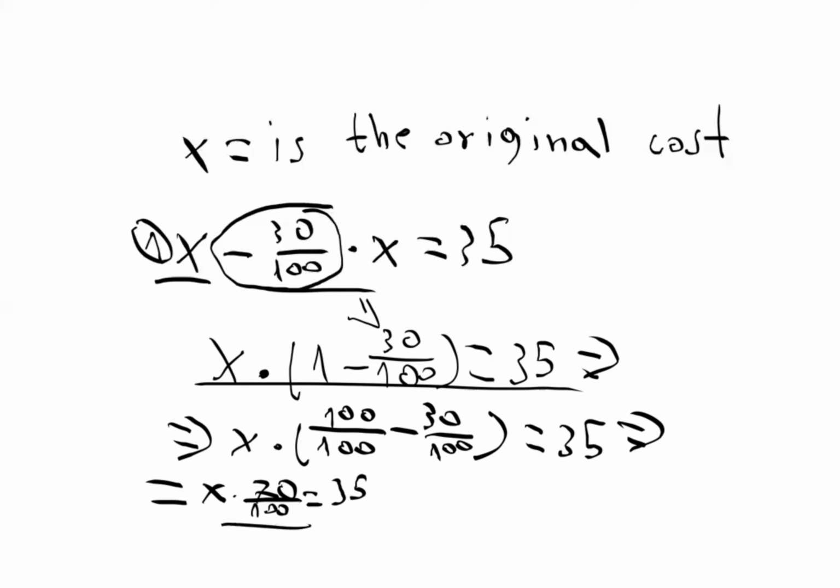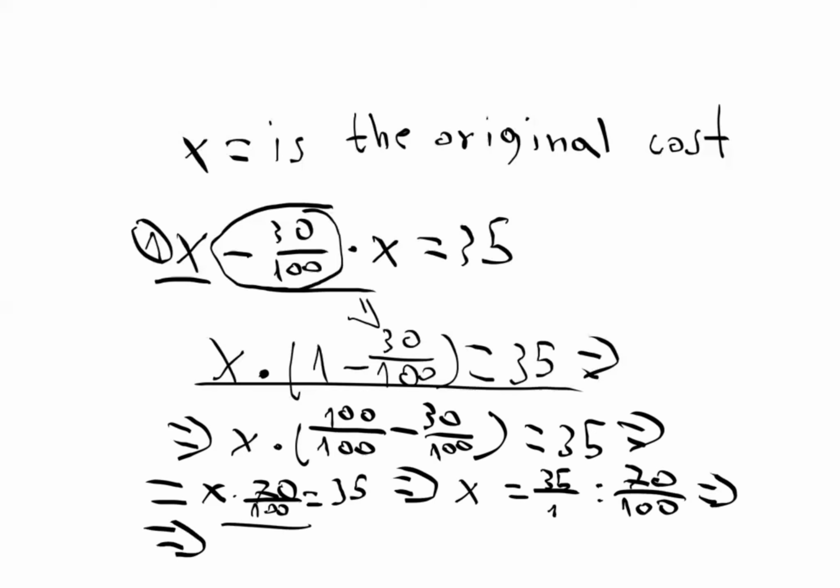So that cancels out x's side, so it leaves x on its own. And that is equal to 35, I'll make it first, divided by 70/100. Which in this case, writing it down, is 35 first times 100 over 70. Oh, whoops.